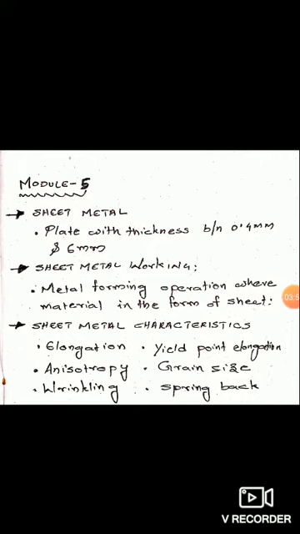Next, the important characteristic is spring back. Because every material has a finite modulus of elasticity, plastic deformation is always followed by some elastic recovery when the load is removed.